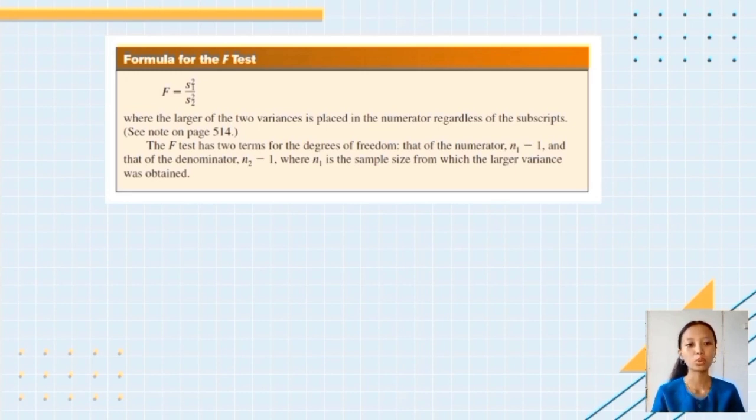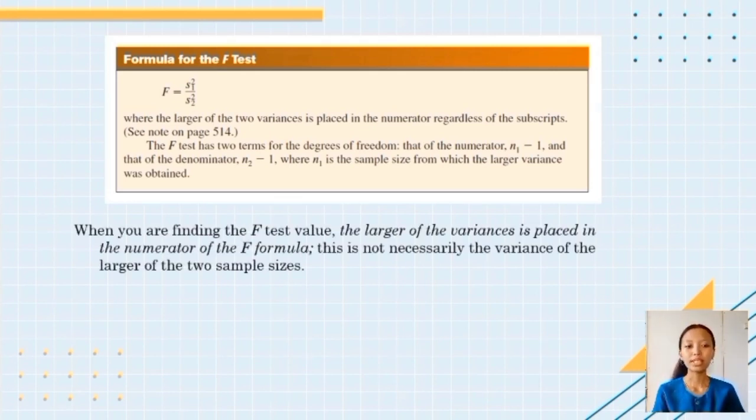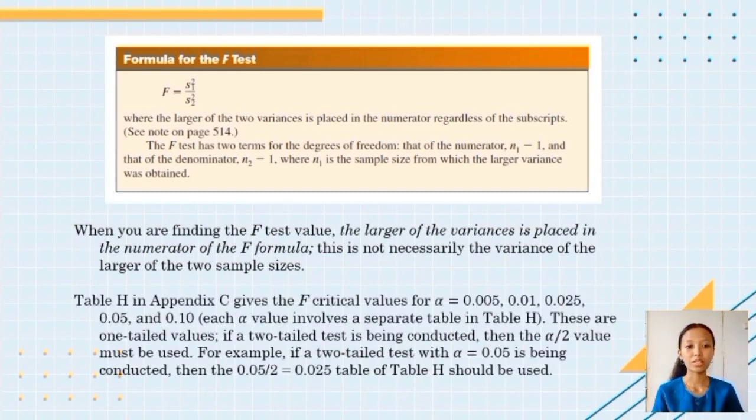The F-test has two terms for the degrees of freedom, that of the numerator, n sub 1 minus 1, and that of the denominator, n sub 2 minus 1, where n sub 1 is the sample size from which the larger variance was obtained. Now, when you are finding the F-test value, the larger of the variances is placed in the numerator of the F formula. This is not necessarily the variance of the larger of the two sample sizes.